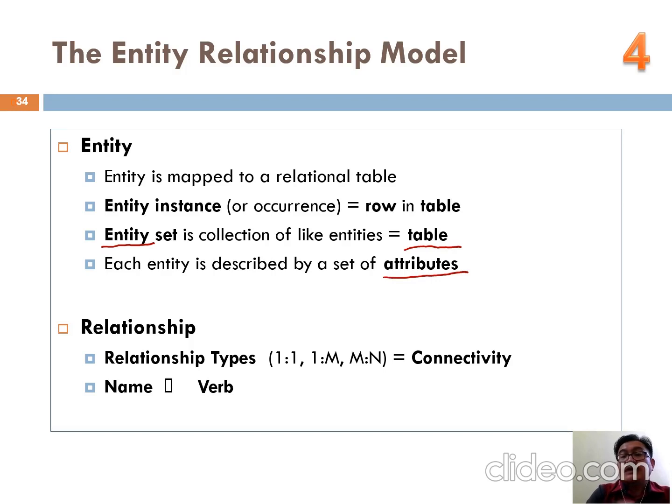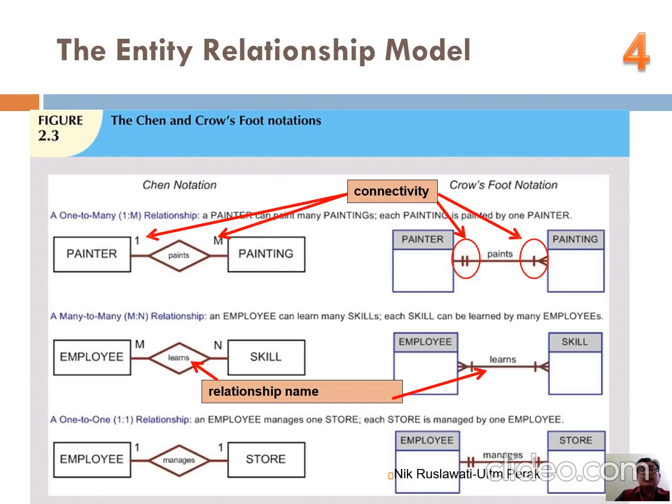So attributes are the columns in the table, and relationships are the connectivity between one table and another. If we look at here, we have two notations, the Chen notation and also the crow's foot notation. In this subject, ICT200, we will concentrate more on the crow's foot.